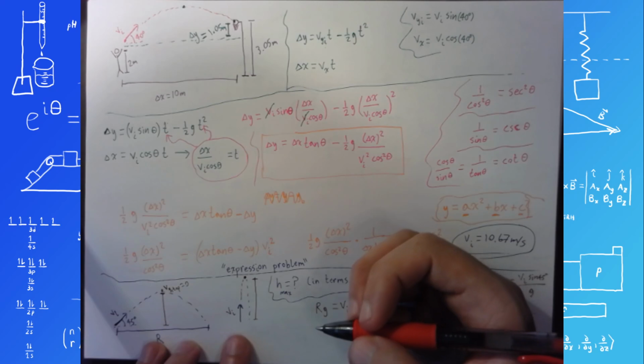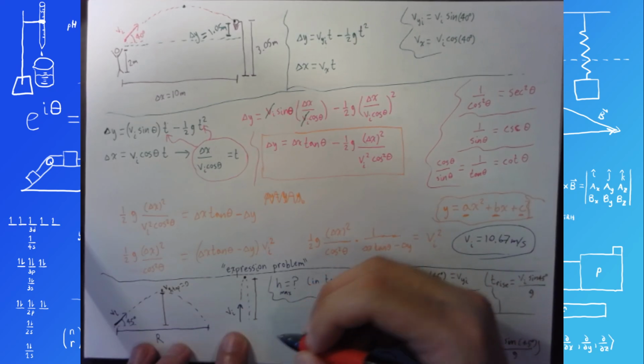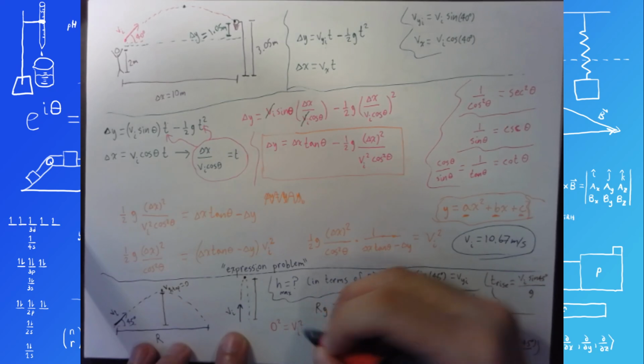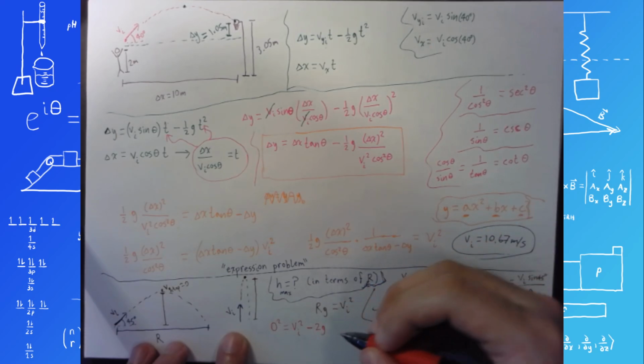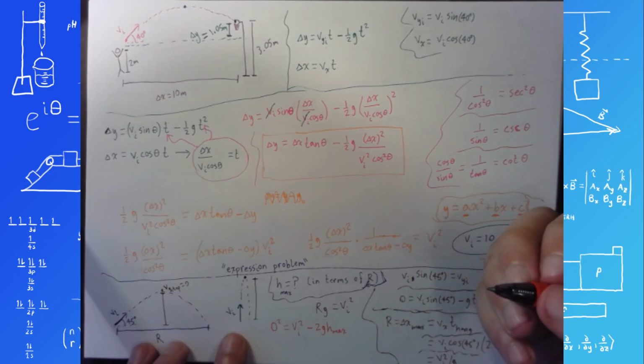So the third equation of kinematics would give me V top squared, which is 0 squared, equals V initial squared, and then plus 2 times acceleration times displacement. So that's minus 2g, and then delta y, which is going to be my h max that I'm solving for.